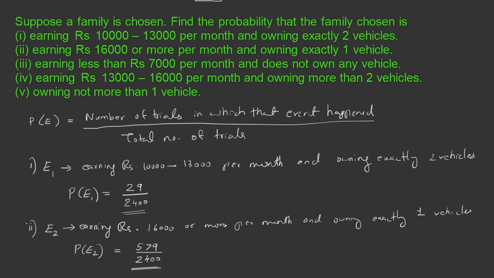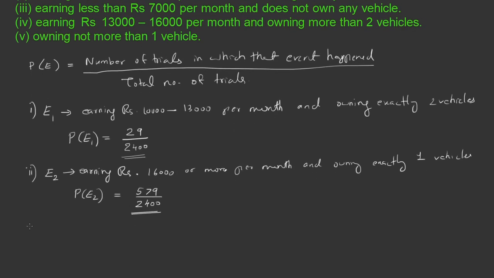Now, I am going to the third question, that is earning less than rupees 7,000 per month and does not own any vehicle. The event I can write here as E3 is earning less than rupees 7,000 per month and does not own any vehicle.